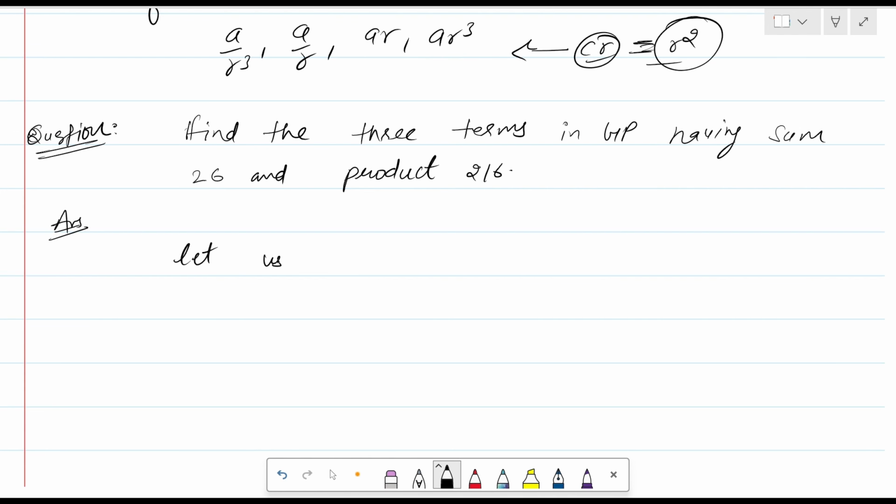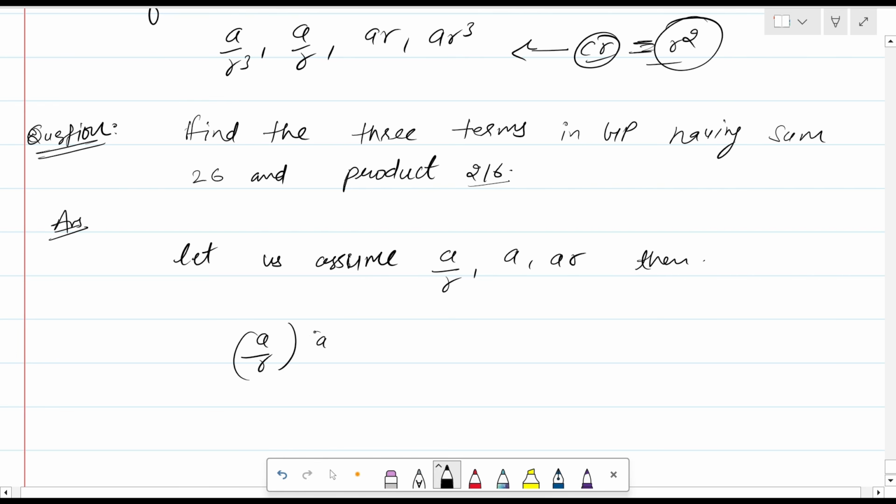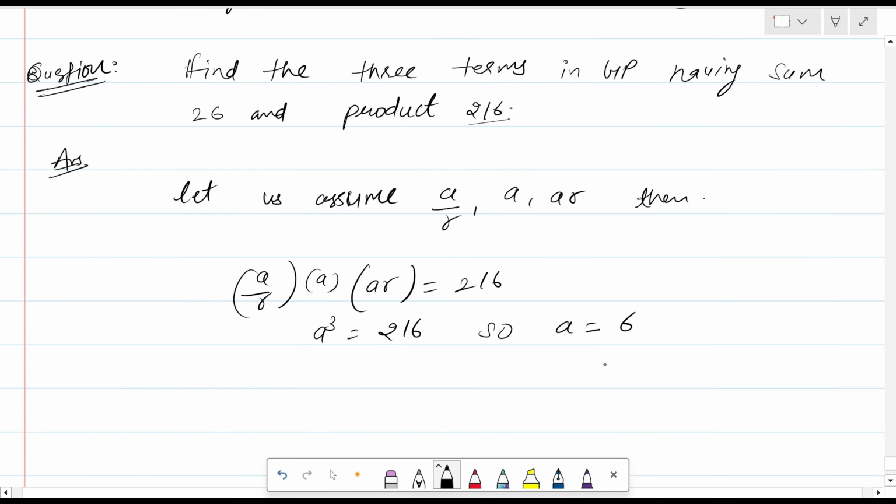Let us assume, since we are talking about the product, what will we choose? The three terms of a GP are A by R, A and AR. Then the product of A by R, A, AR is 216. That is, A cube is 216. So A is clearly 6.